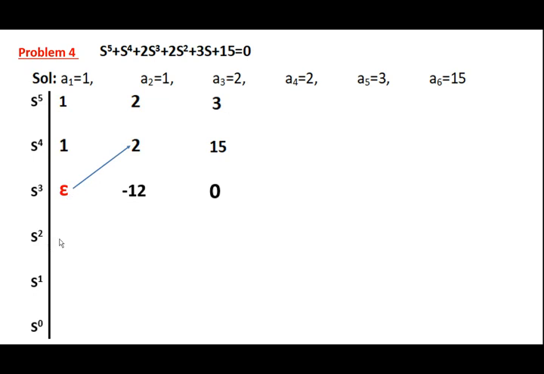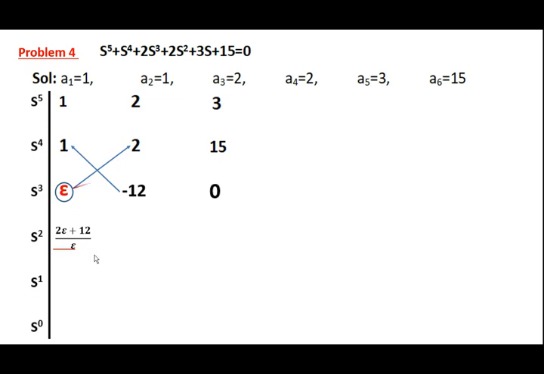So next, you can proceed with the Routh array. In order to find out the next element, you need to multiply 2 into epsilon minus of minus 12 into 1, divided by epsilon. So it is 2 epsilon, minus of minus means plus, 12 into 1 is 12, divided by epsilon. So this is the next element.